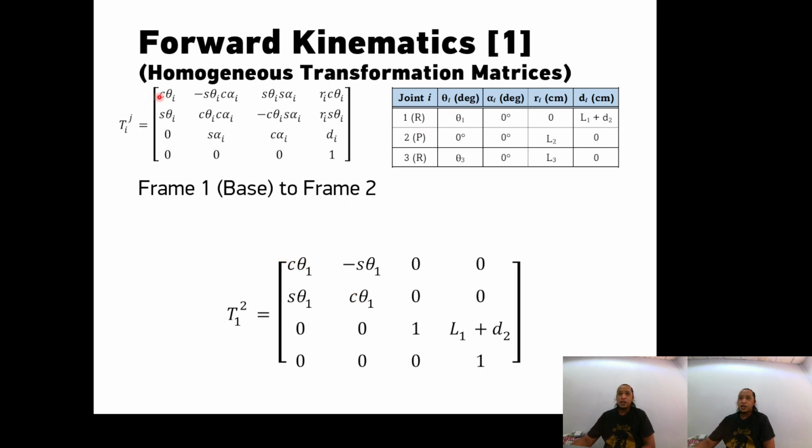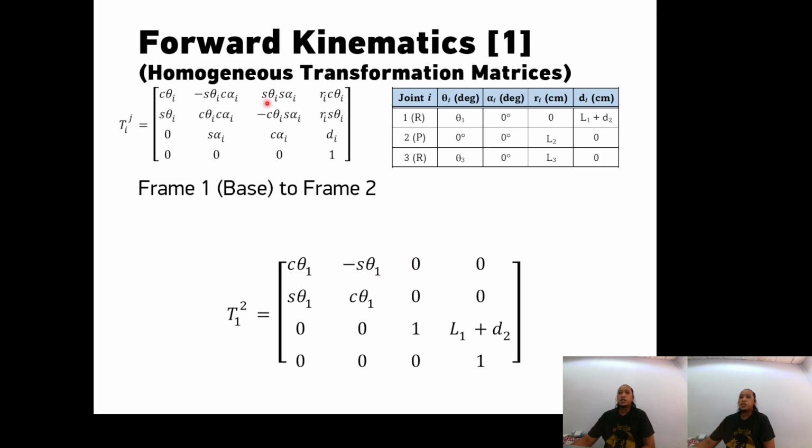C theta 1, and minus sine theta 1 cosine alpha i, where alpha is 0 degrees. Cos 0 is 1, so we only write minus sine theta 1.